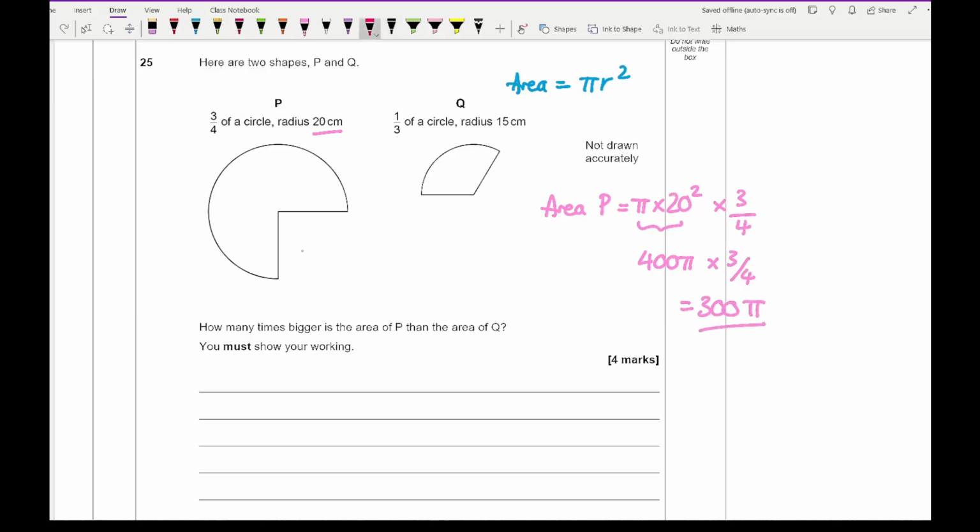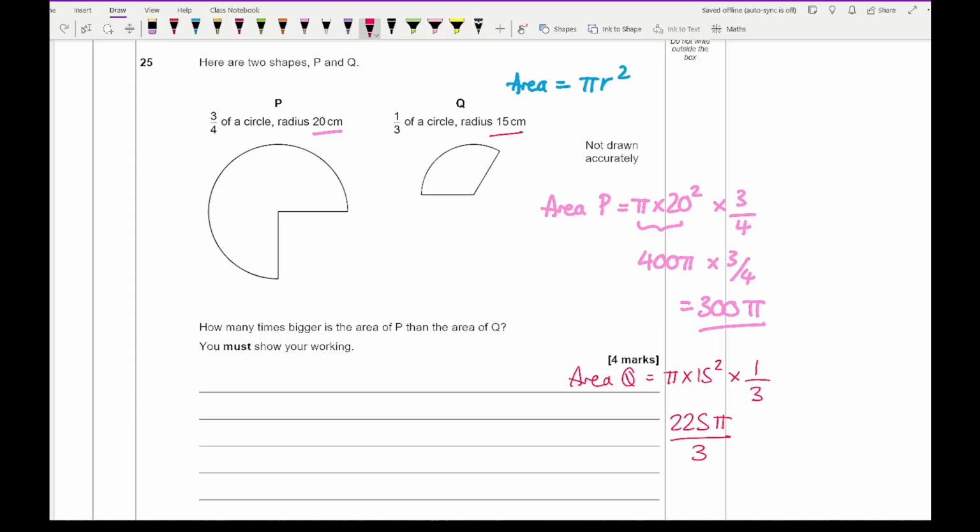Then if I do the same for Q, the area of Q, well, the full circle is going to be pi times 15 squared, and I need to multiply that by a third. Now 15 squared is 225, so it's going to be 225 pi divided by 3.